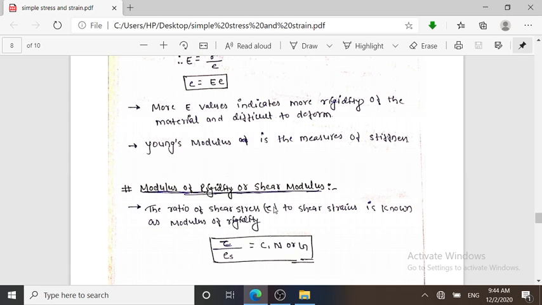See, the more value of E indicates more rigidity of the body. Imagine if the Young's modulus of any object is higher, it means that it will be that much more difficult to deform the body, because stress is directly proportional to Young's modulus.